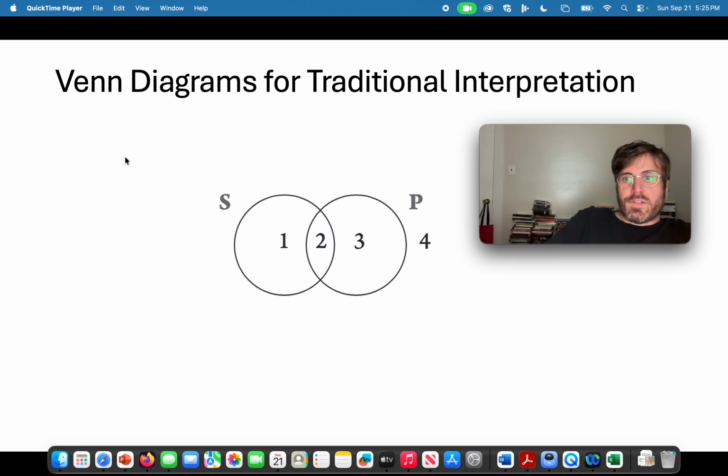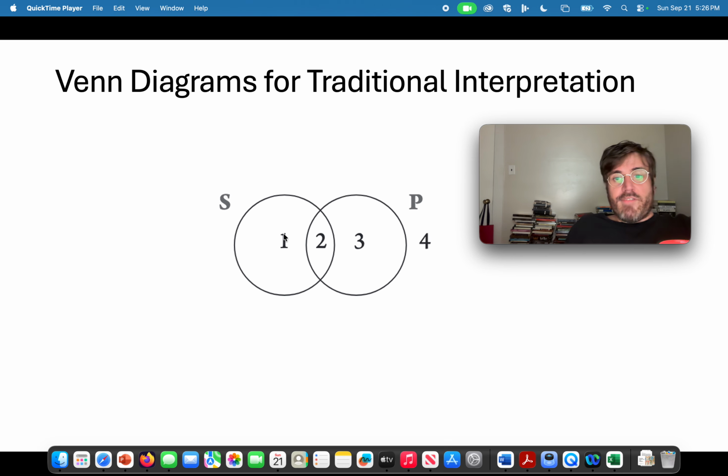And so it makes clear sense why it would be useful for us to use it in categorical logic, because all categorical logic is doing is exploring the relationships of class terms to one another. So what we're going to do here is use a two-part Venn diagram to try to visualize essentially the relations of inference that we've been unpacking.